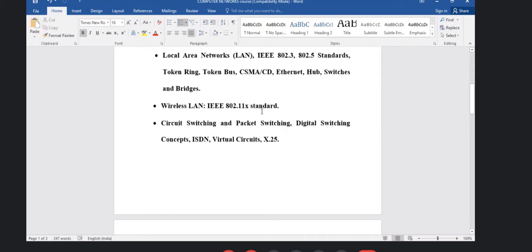The size of the network will be bigger than that of local area networks. Circuit switching and packet switching fall under wide area network. And in wide area networks, the protocols will again be different from local and wireless local area networks.